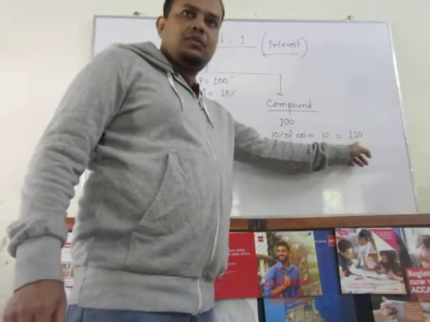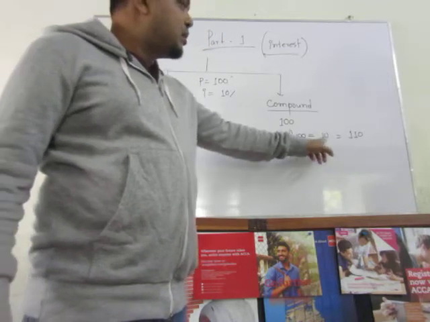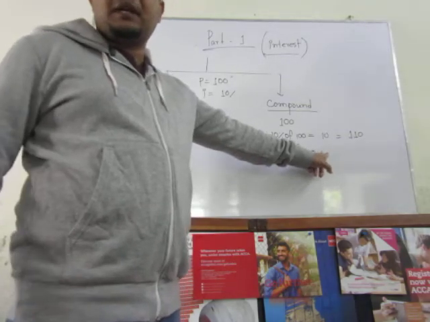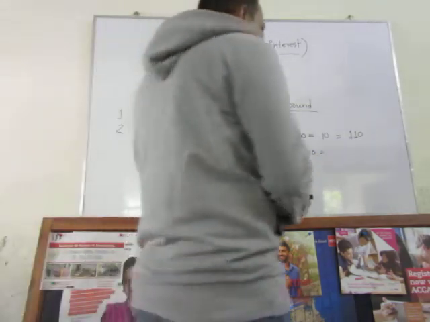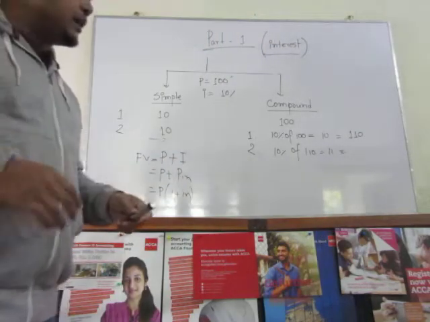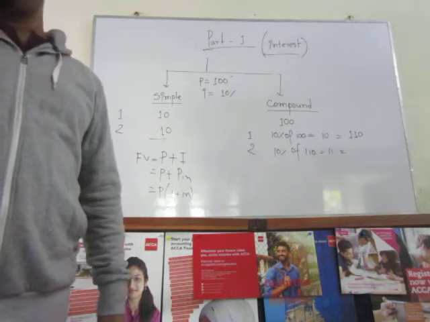Previous year how much was it? 110. So in the second year the interest earned will be more, it will come to $11. So that's why this is compounding, sequential. Clear? That's why the word compound is used.